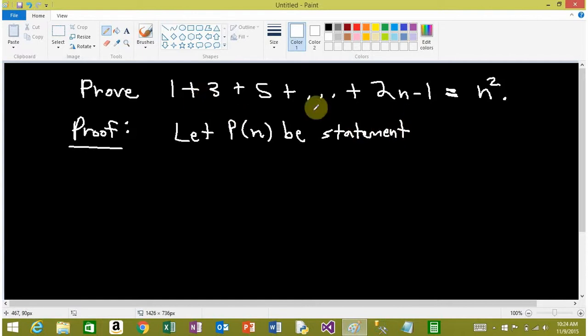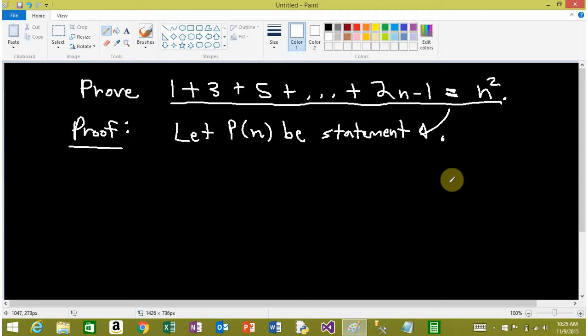And instead of writing all this out, I'm just going to underline everything that would go right in this spot here. So let P of n be this statement. That's what you would write down in place of that, just to save some space.